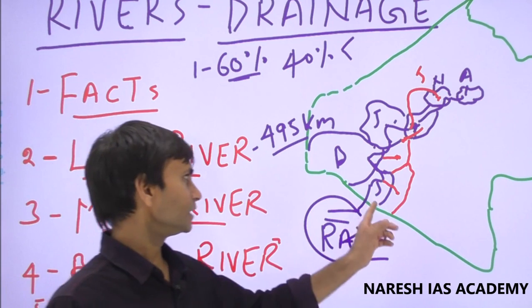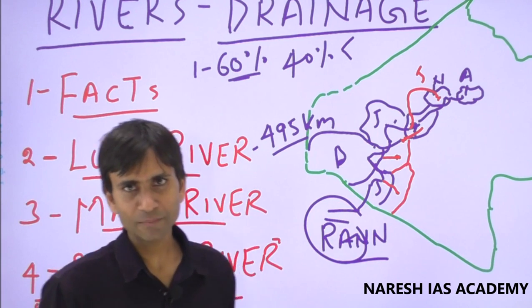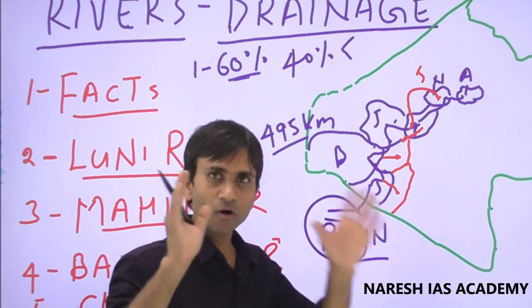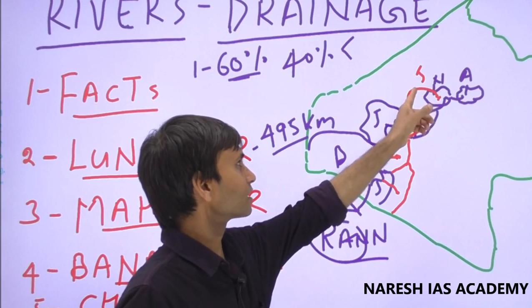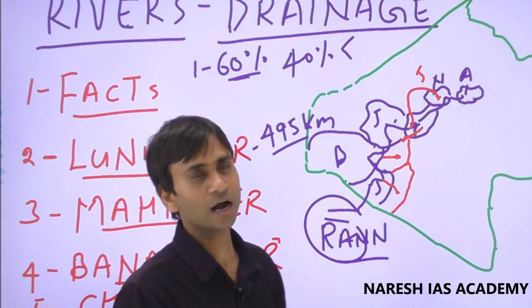So Khari, Sukri, Bandi, also called Hemawas, and Javai are the left bank tributaries. Only the Jojdi is the right bank tributary and does not have its origin in the Aravalli mountains.